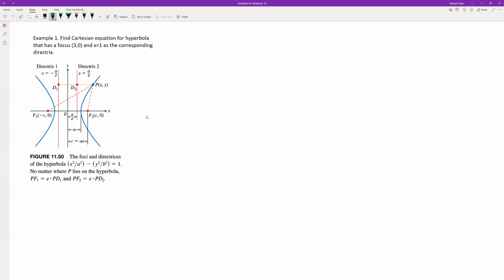Here is some information that we know. First, one of the foci is at (c, 0). So the focus at (3, 0) means that's equal to (c, 0). That tells us that c is equal to 3, which is the center to foci distance.